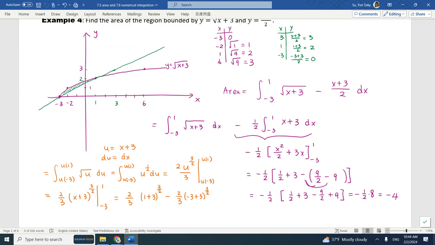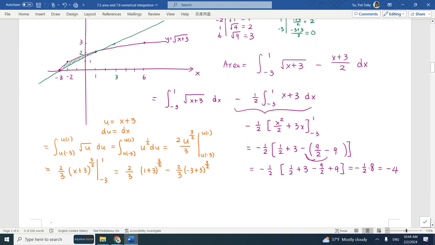So far, so good? Now we calculate. What is 1 plus 3? 4. What is the square root of 4? 2. What's 2 cubed? Good, so this is 8. And now 2 times 8 is 16 over 3. And the second one, what is -3 plus 3? 0. So the whole thing is 0.